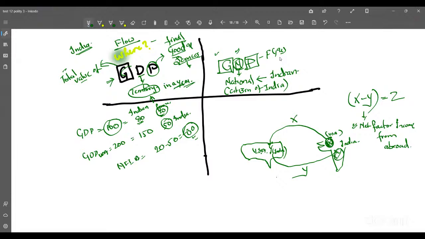So in this case, 100 is the GDP of India. If you're not understanding, just stop me and ask me again. 100 is the GDP minus net factor income from abroad is minus 30. So minus minus 30, which is equal to 130. So in this case, you have to understand that.